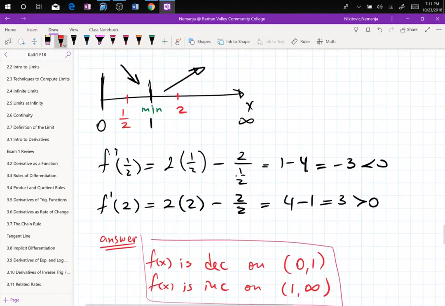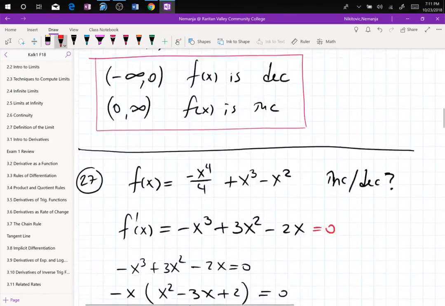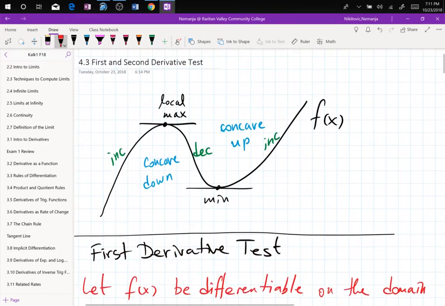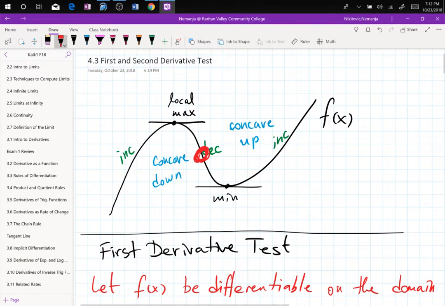I had that before. I never said what it was, but that first graph we had, this one, right here somewhere is an inflection point at which point concave down becomes concave up.